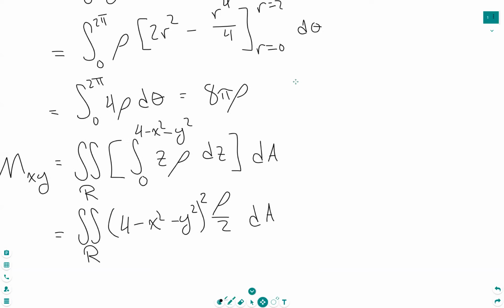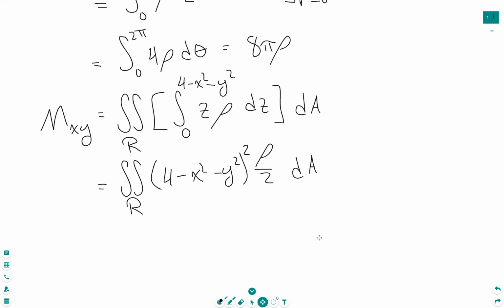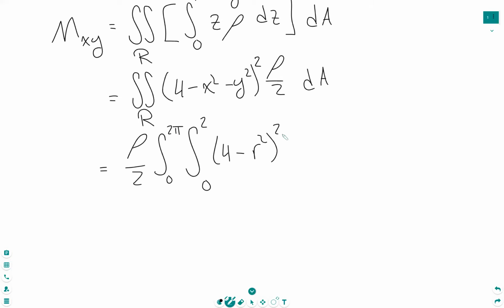Again, we could do this in Cartesian, but it looks like the region R is much simpler to do in polar coordinates. So I'm going to go ahead and write this in polar coordinates. I'm going to bring out this rho over 2. So rho over 2, the integral from 0 to 2 pi, the integral from 0 to 2, and then I have 4 minus r squared, squared, times r dr d theta.